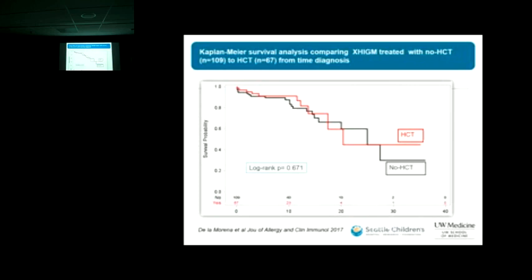if you look up long-term retrospective analysis, there's no difference in overall survival with transplant versus no transplant. And there's a paper that just came out in JACI this month on the outcomes of transplantation for X-linked hyper-IgM, and what you can see is that even though the overall survival is 78%, engraftment is difficult.